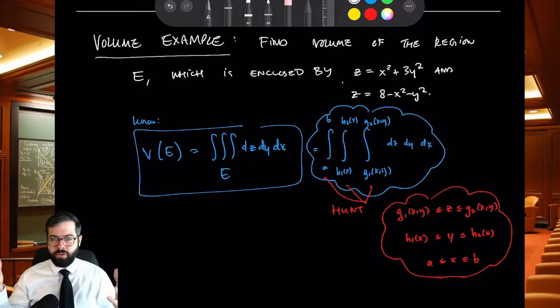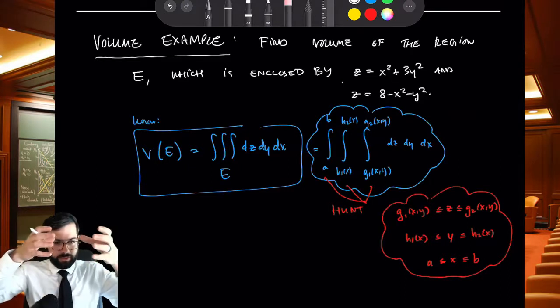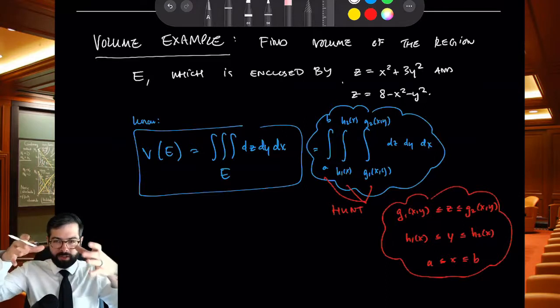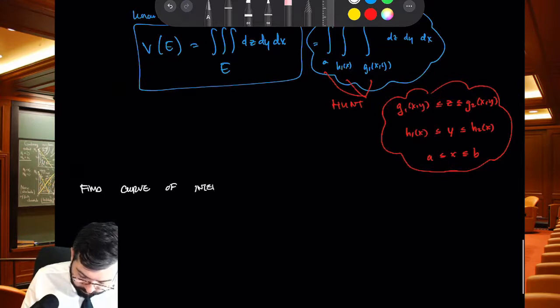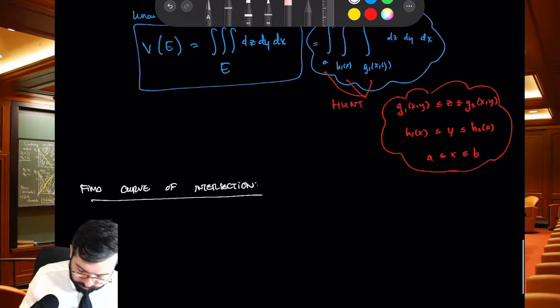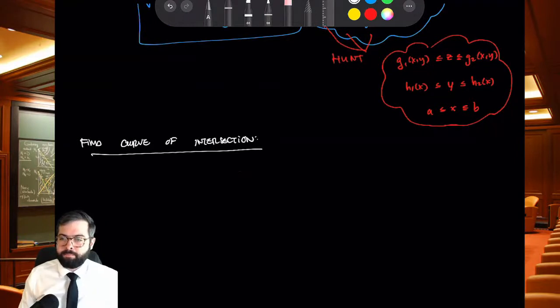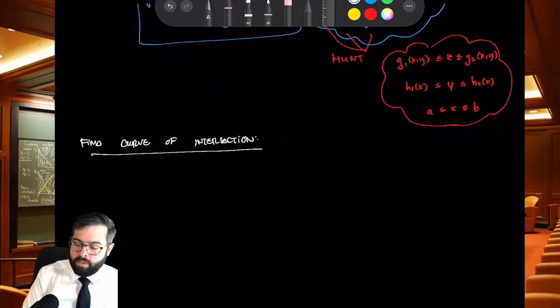So what we can do, though, is find that curve of intersection. If this thing's enclosed by these two surfaces, they're going to intersect. And so we'll set them equal. The idea is that this boundary will give us a projection for our region R in the xy plane.